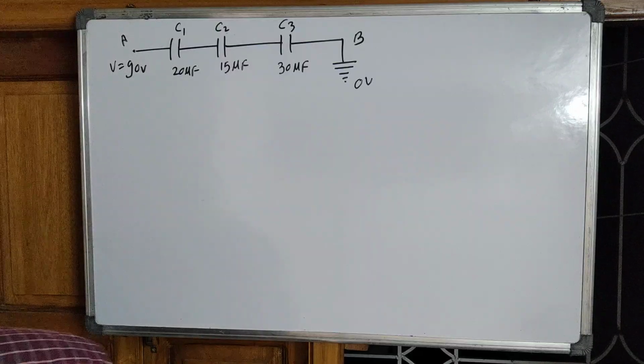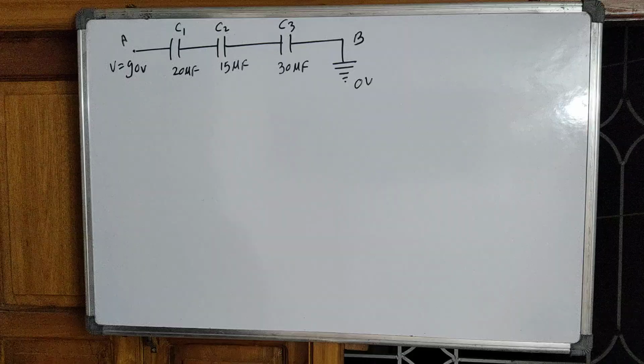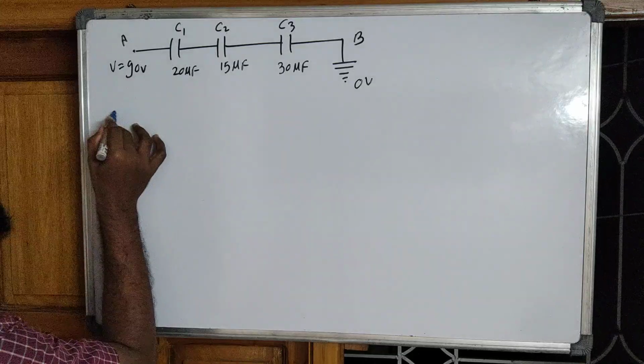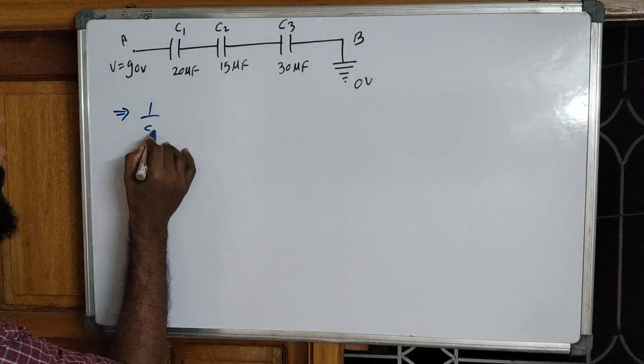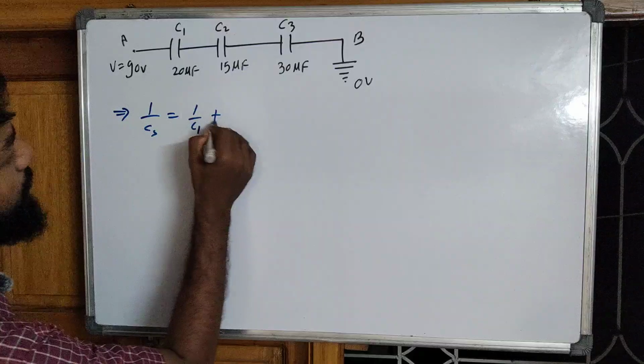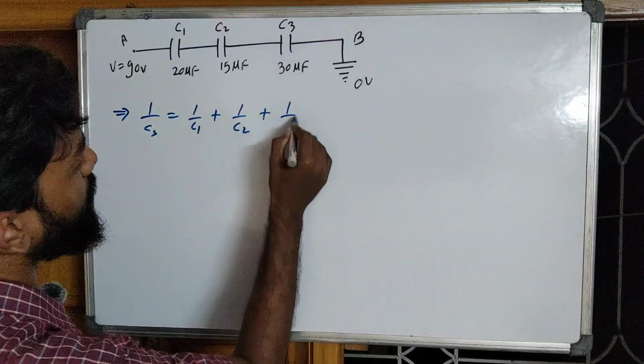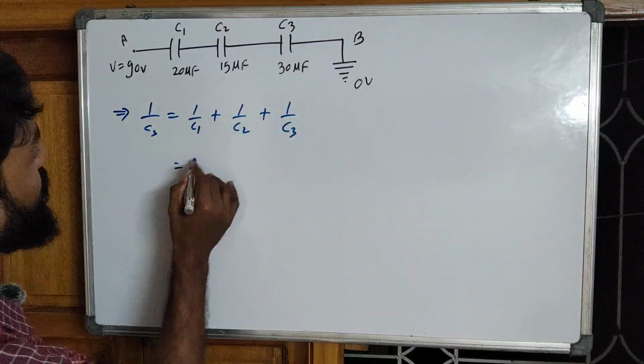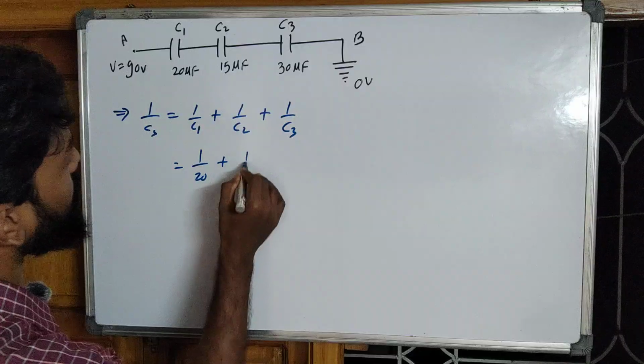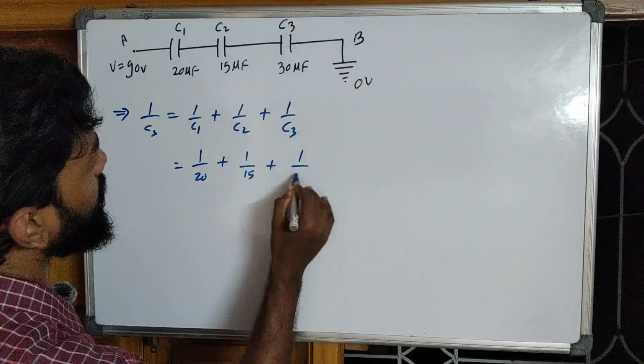So for equivalent capacitance, you can see all of these are in series. So what is the formula for series combination? For series combination, the formula is 1 by CS equals 1 by C1 plus 1 by C2 plus 1 by C3. C1 is how much? 20, 15, 30.